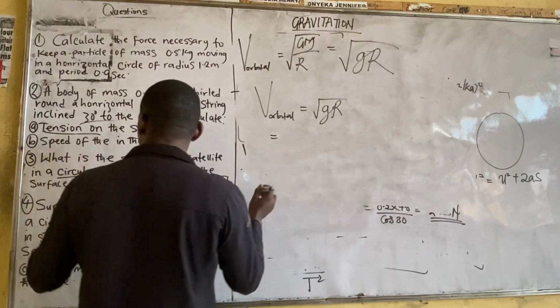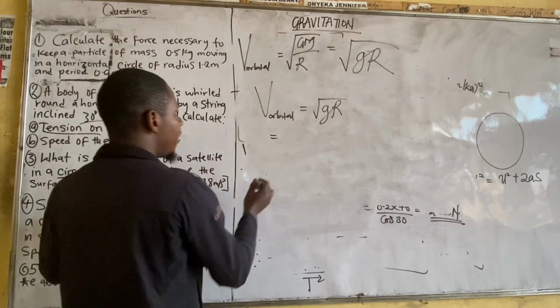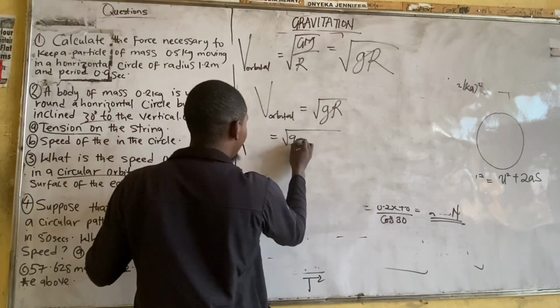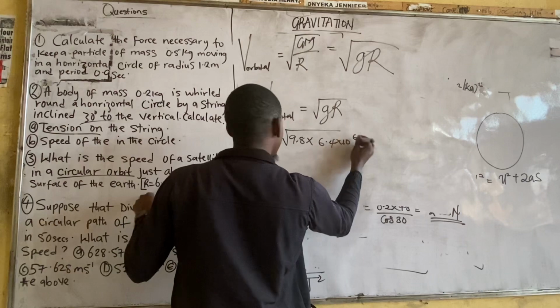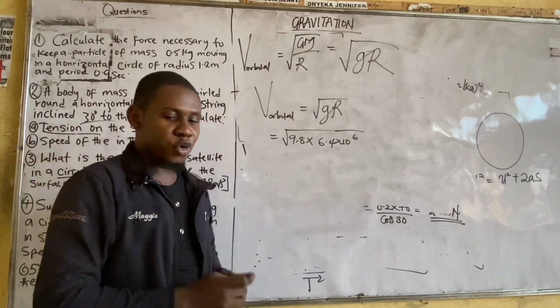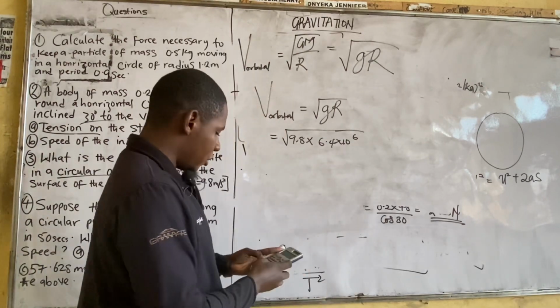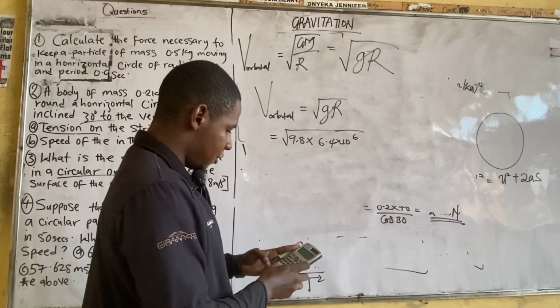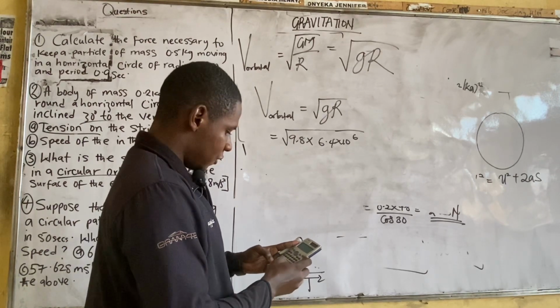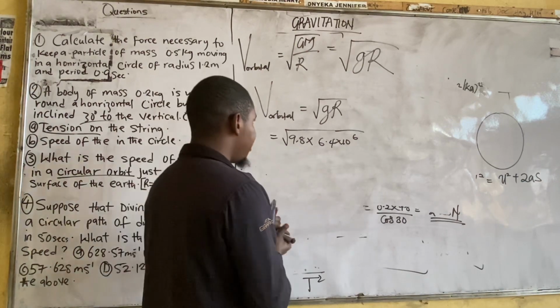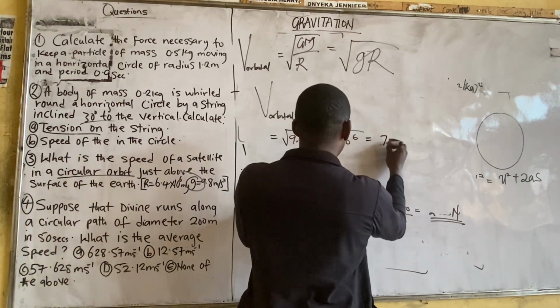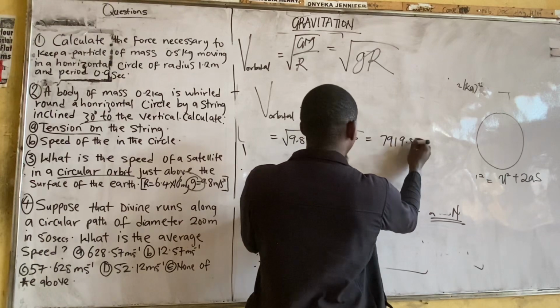That will give us gravity 9.8 times 6.4 times 10 raised to power 6. So when you use your calculator, you punch 9.8 times 6.4 exponential 6, square root, and you'll have 7919.59.